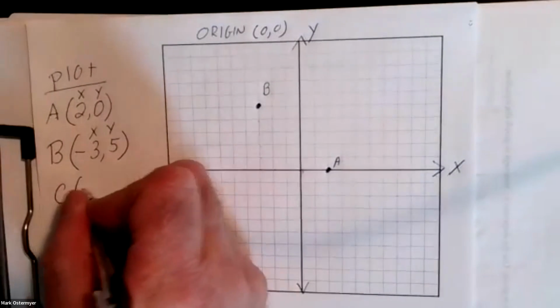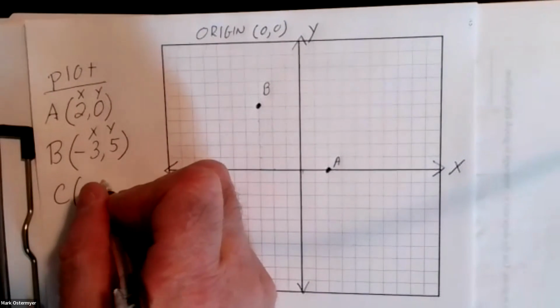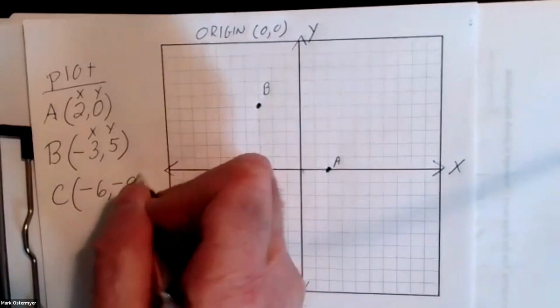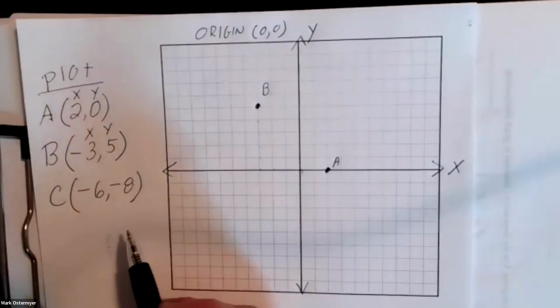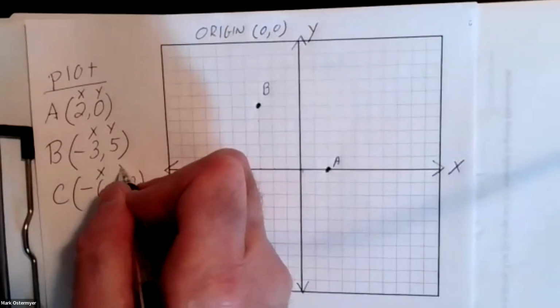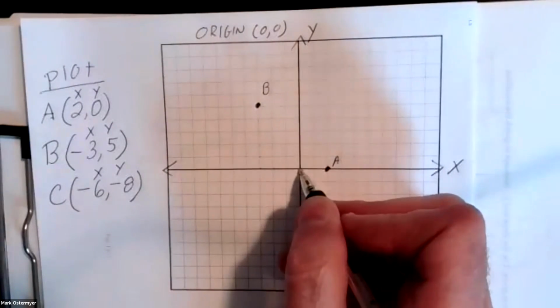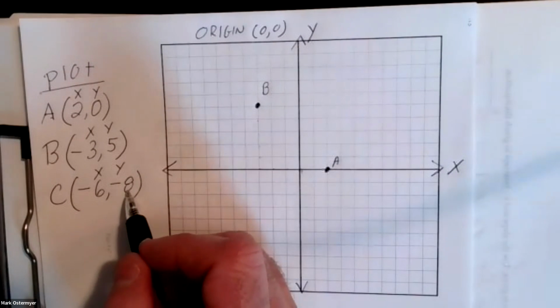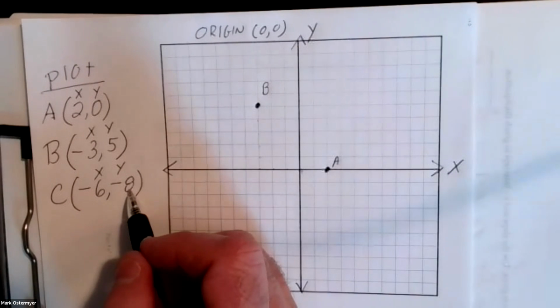Point C, let's say this point here is going to be -6, -8. How would we plot point C? So we start at the origin. My x coordinate is -6. My y coordinate is -8. So I start at the origin, I move 6 units in the negative x direction, and then I move down 8 units parallel to my y axis.